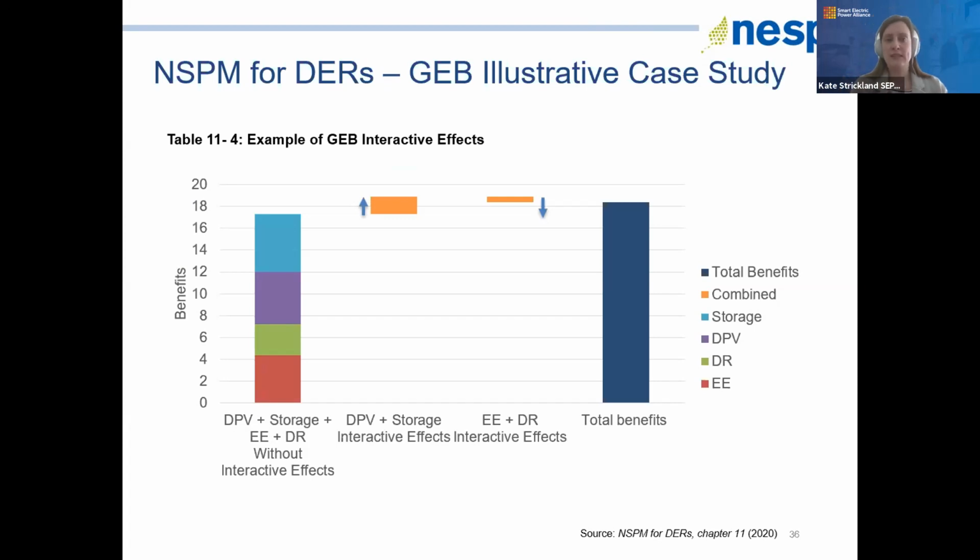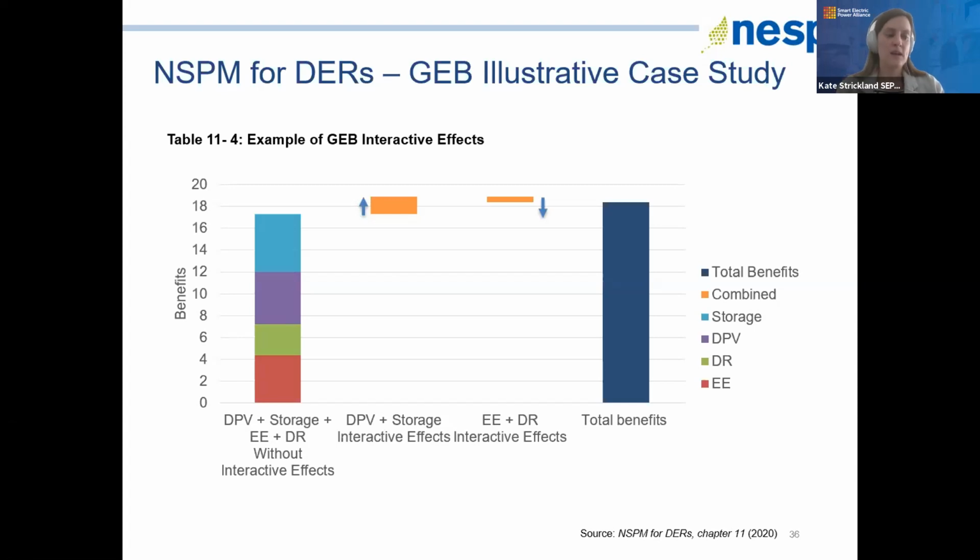On the left-hand side of the graph, you can see the DER's benefits without accounting for interactive effects. On the right side of the graph in the blue bar, you can see the total benefits from accounting for interactive effects within the GEB.